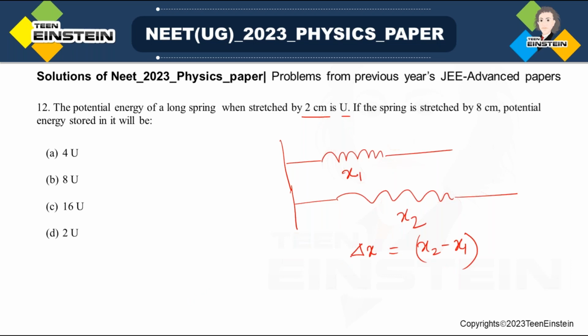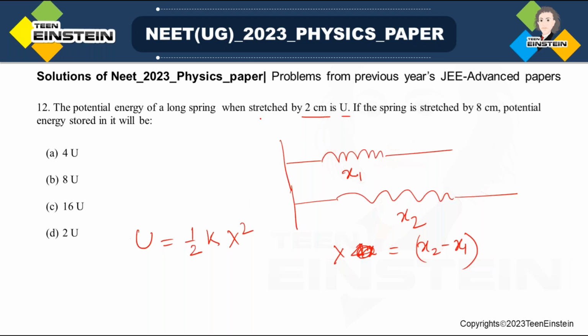Let us say that is x. The elastic potential energy stored in the spring is given by U is equal to half k x square, where k is the spring constant and x is the change in length.